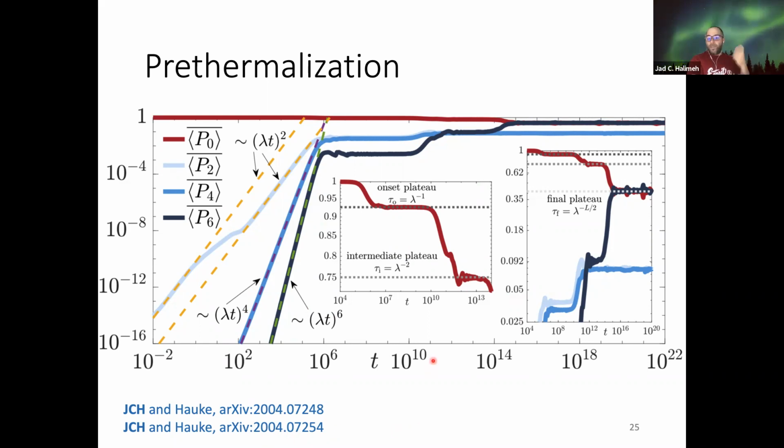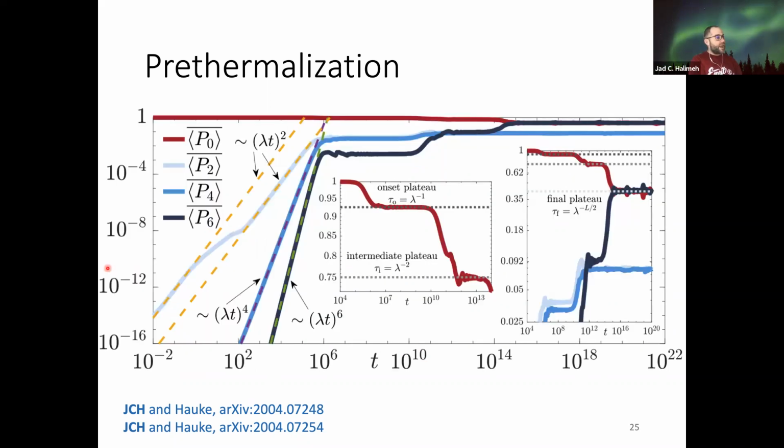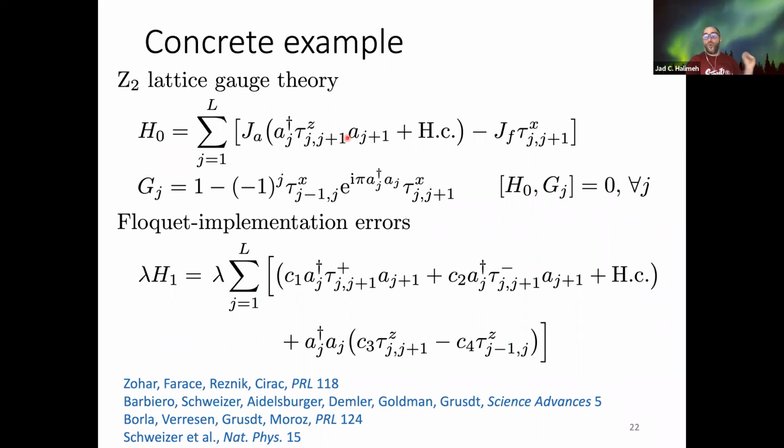How about if we look at some local observable? Let's look at the staggered magnetization, the staggered boson number. If we go back to the Hamiltonian real quick, this actually preserves a U1 global symmetry. So it has a local Z2 symmetry, the gauge symmetry, but it has a global U1 symmetry in the form of conserved boson number.